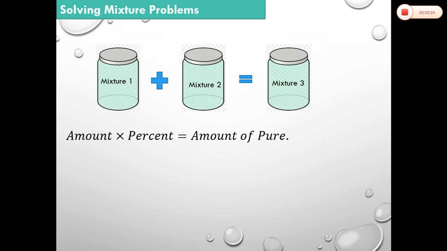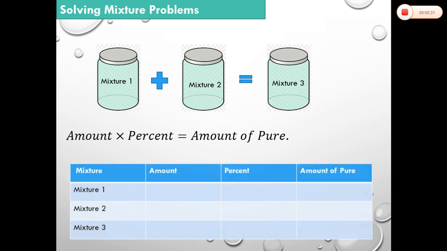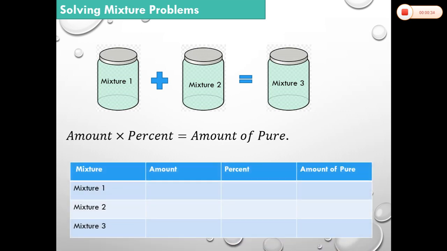And remember that the amount of pure is equal to the product of the amount times the percentage. So we have to set up the table for mixture 1, mixture 2, and the obtained mixture 3 such that the amount, percent, and the amount of pure are given in columns.